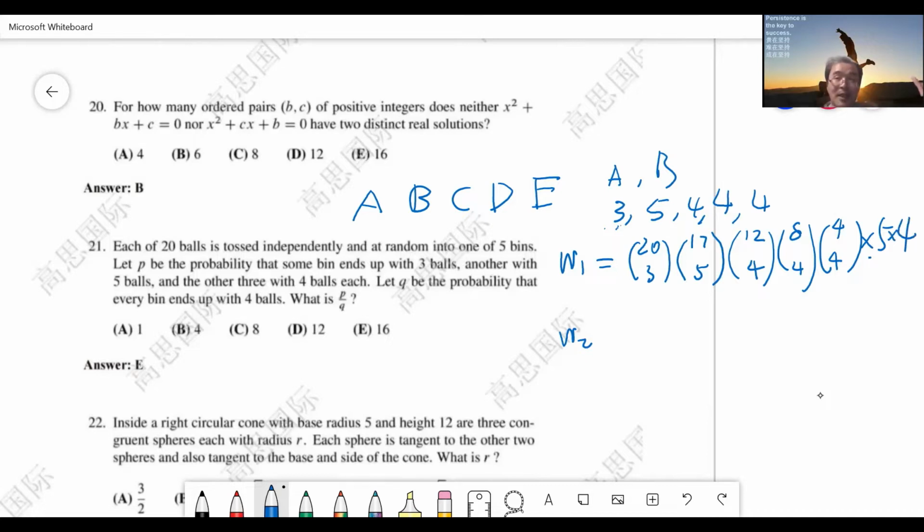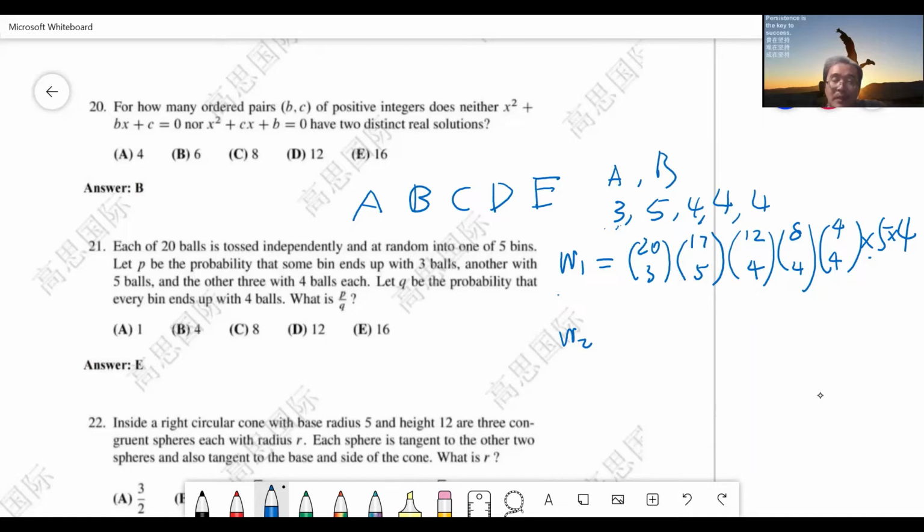So we need to multiply by 5 times 4. This is the total number of ways with one bin having 3 balls, another having 5, and the rest having 4. That's the number of ways meeting the first requirement.